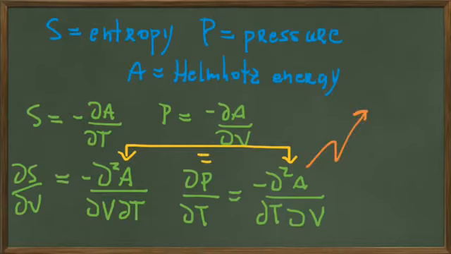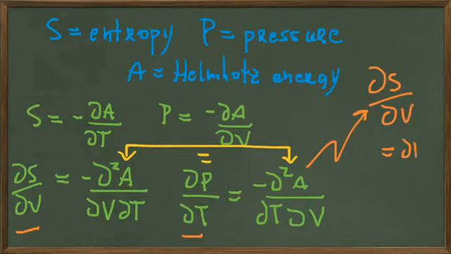And from that we get that partial S, partial V equals partial P, partial T.